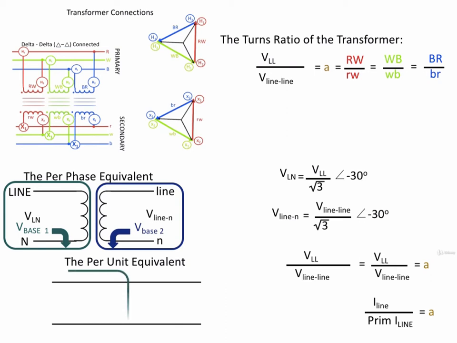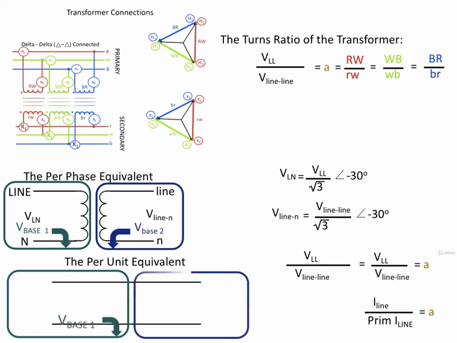And of course, there are two voltage zones for that per unit equivalent circuit. And we'd have to use whichever V base we used, either the line to neutral or line to line. However, the per unit voltages in either zone are equal in magnitude, as are the currents in each of the V-base zones.